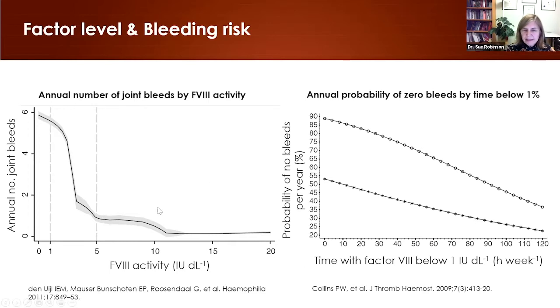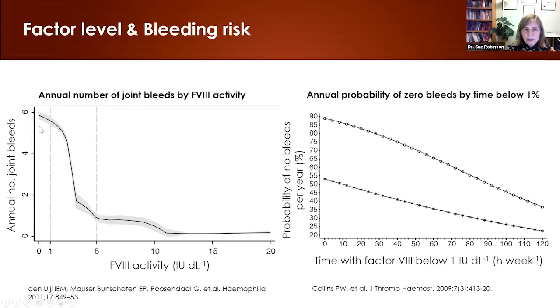Next. So looking at the factor level and bleeding risk, over on the left, on this graph, there's the factor VIII level on the bottom and the annual number of joint bleeds on the vertical. And you can see between 0 and 1, so this would be the group that have severe hemophilia. They have the highest number of joint bleeds annually.